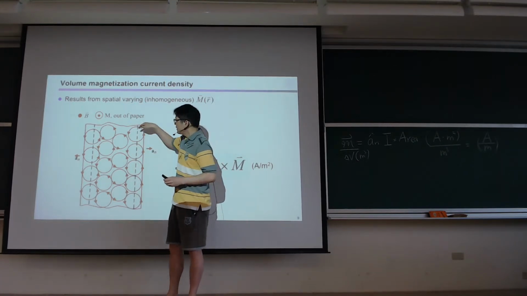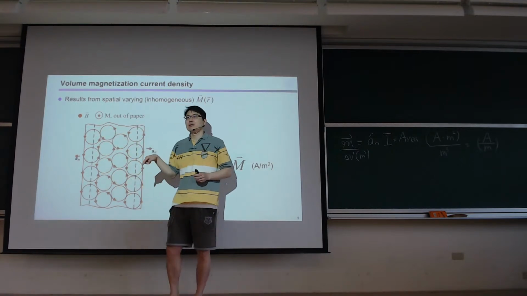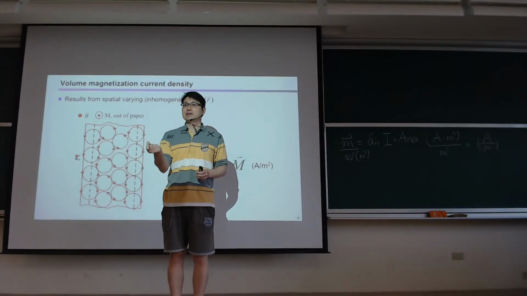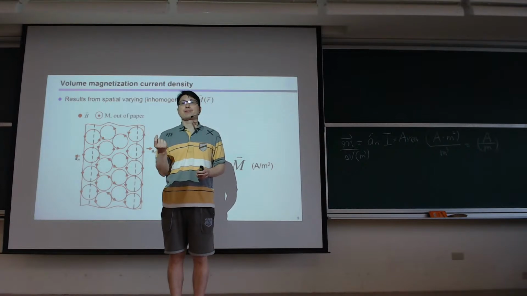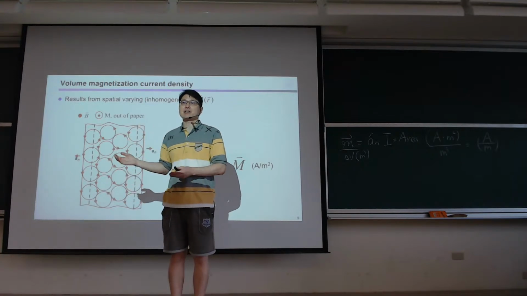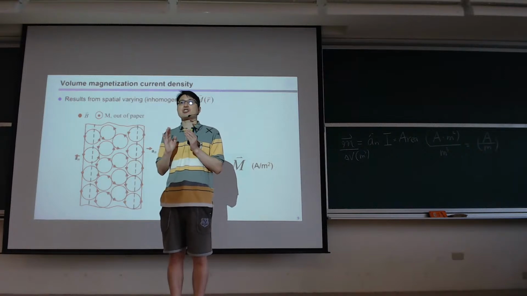Homogeneous means each point in space gives you the same magnetization vector. Homogeneous means it's uniform in space, so none of the results are space dependent.